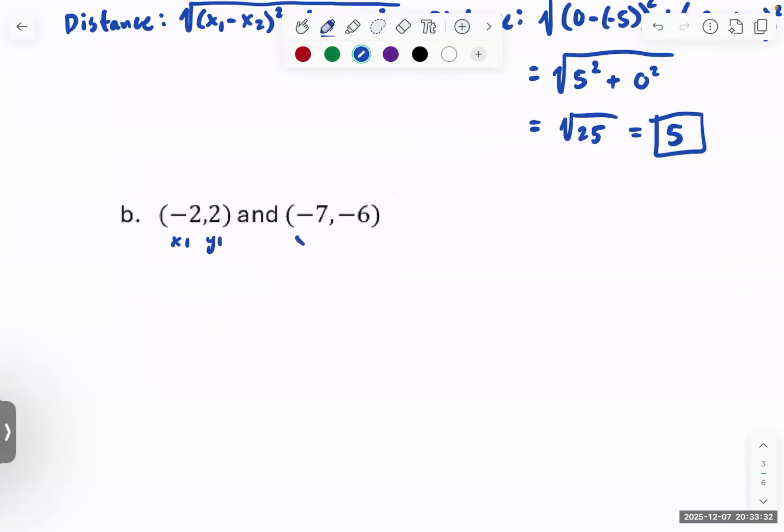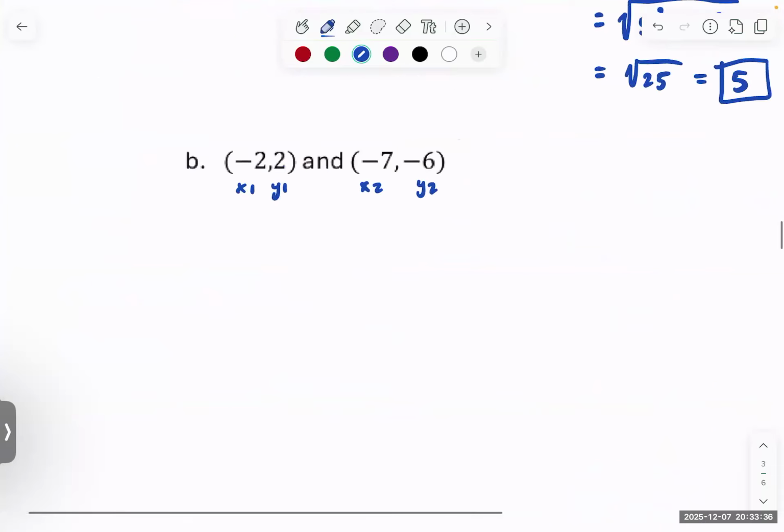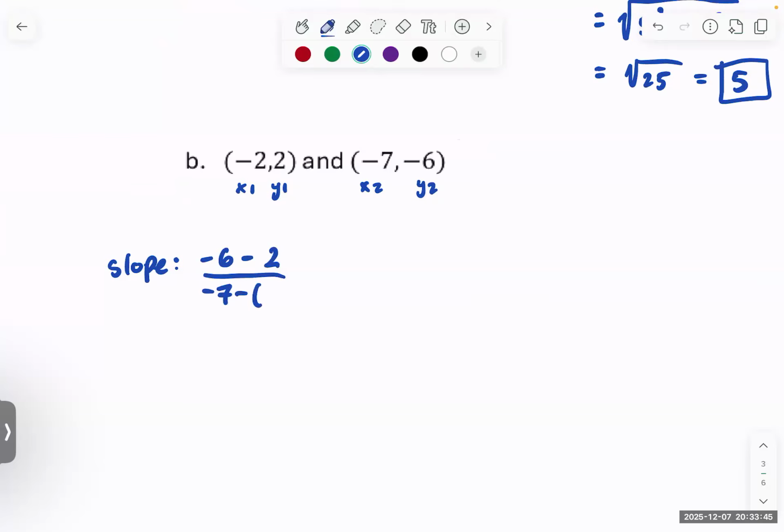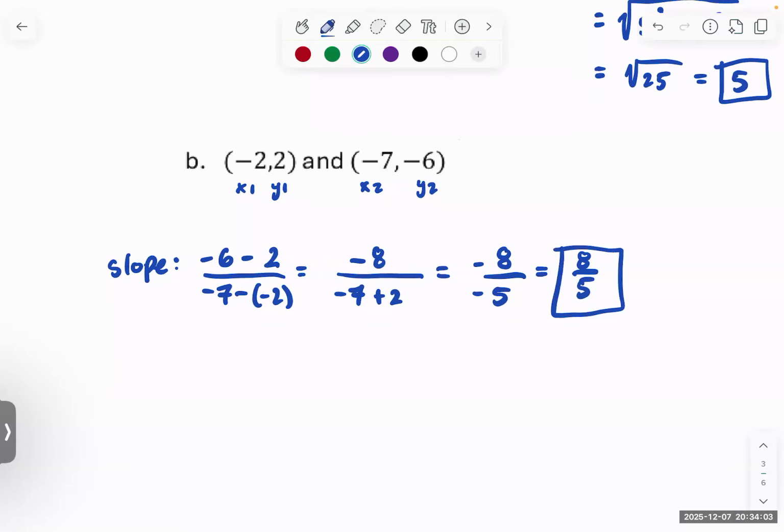Same thing here. x1, y1, x2, y2. For slope, have the formula on you, it's going to be -6 minus 2 over -7 minus -2, which is equal to -8 over -7 plus 2, which is -8 over -5, which is just 8 over 5, the positive, because it's -8 divided by -5.